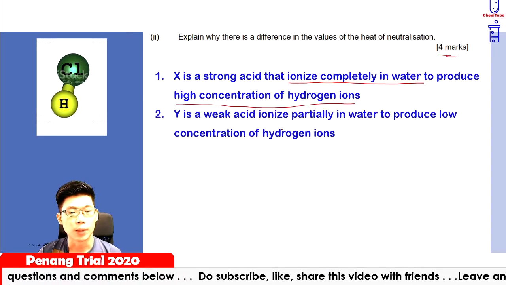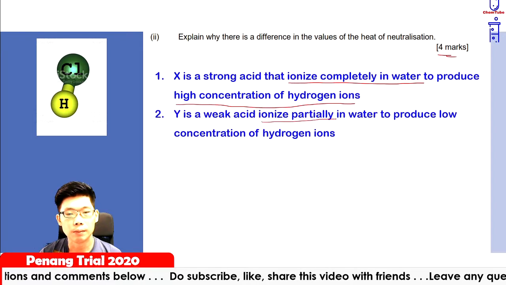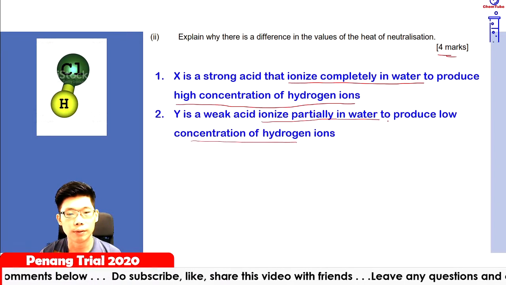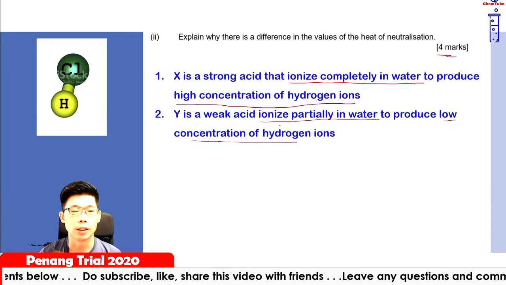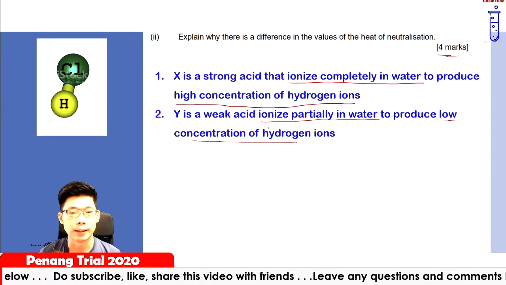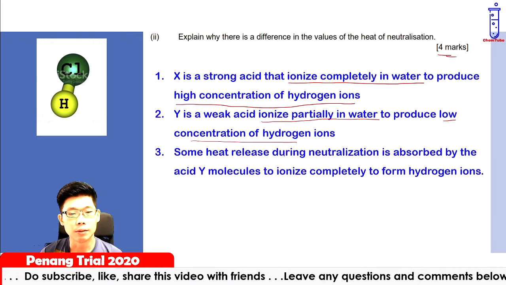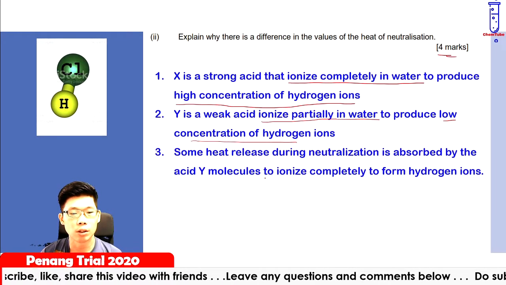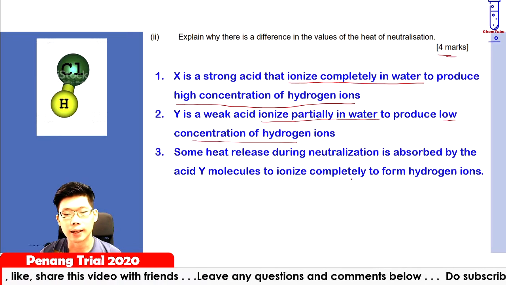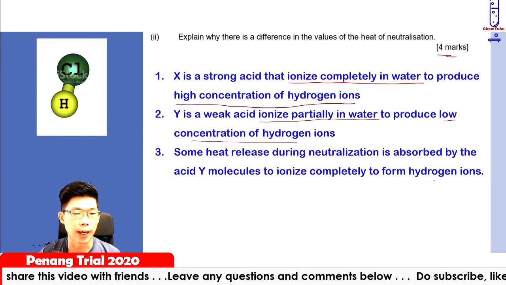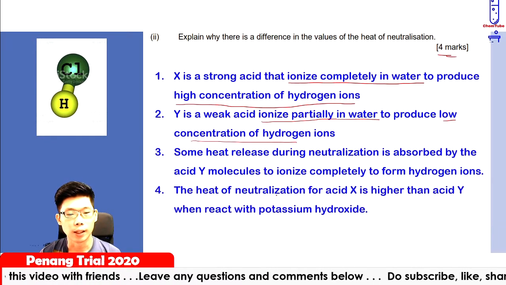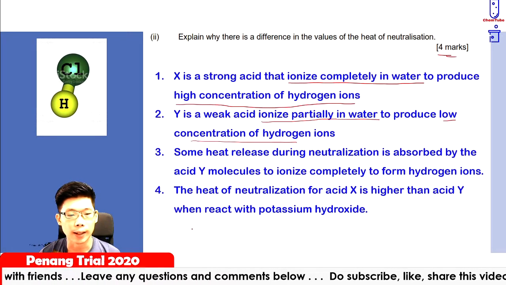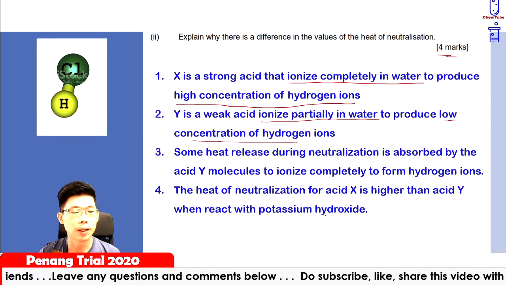Now Y is a weak acid that ionizes partially in water and produces a low concentration of hydrogen ions. So this is for weak acid. So some heat during the neutralization is absorbed by the acid Y molecules to ionize completely to form the hydrogen ions. So the heat of neutralization for acid X is higher than acid Y when reacting with potassium hydroxide.